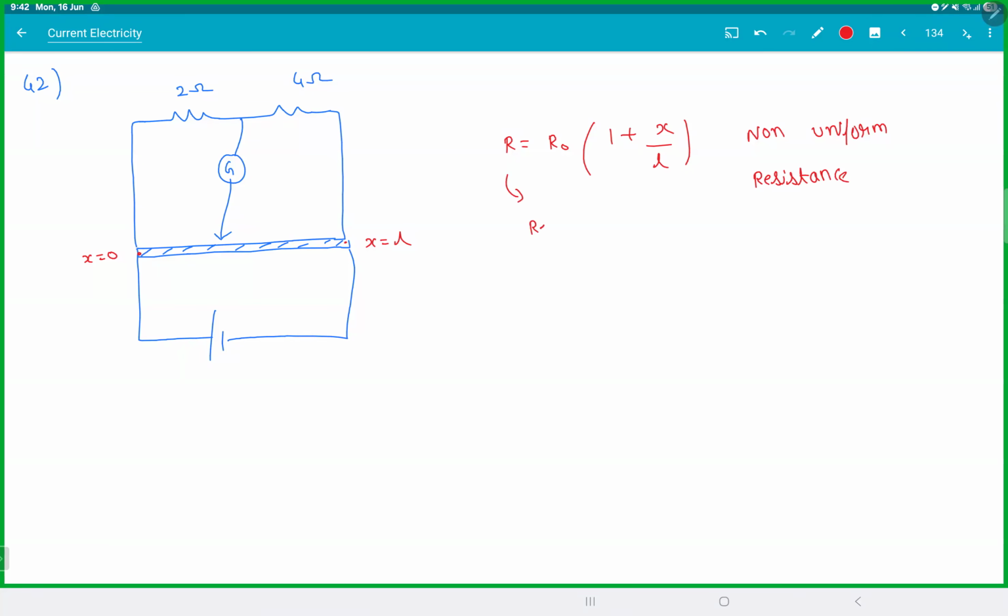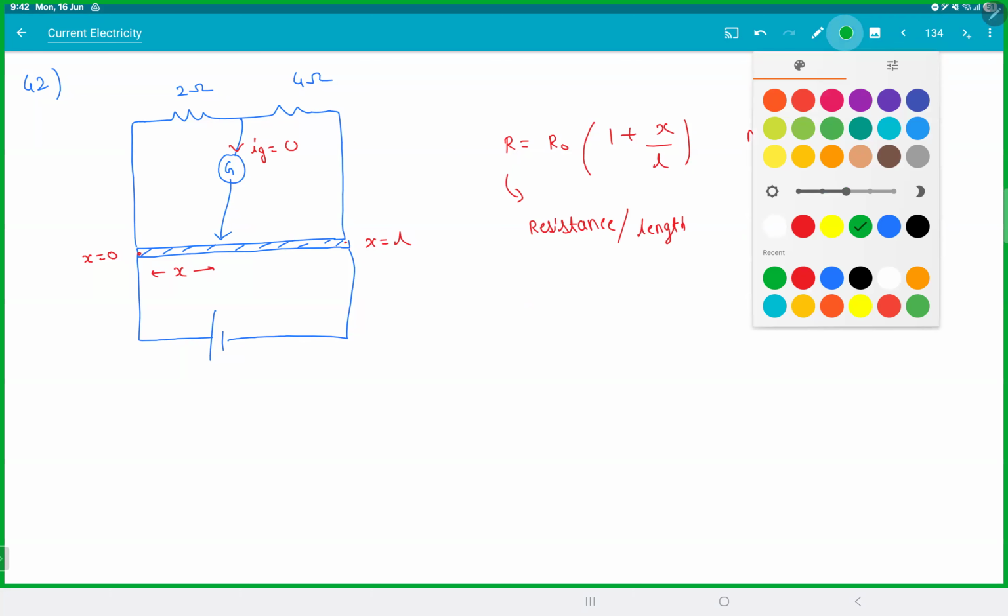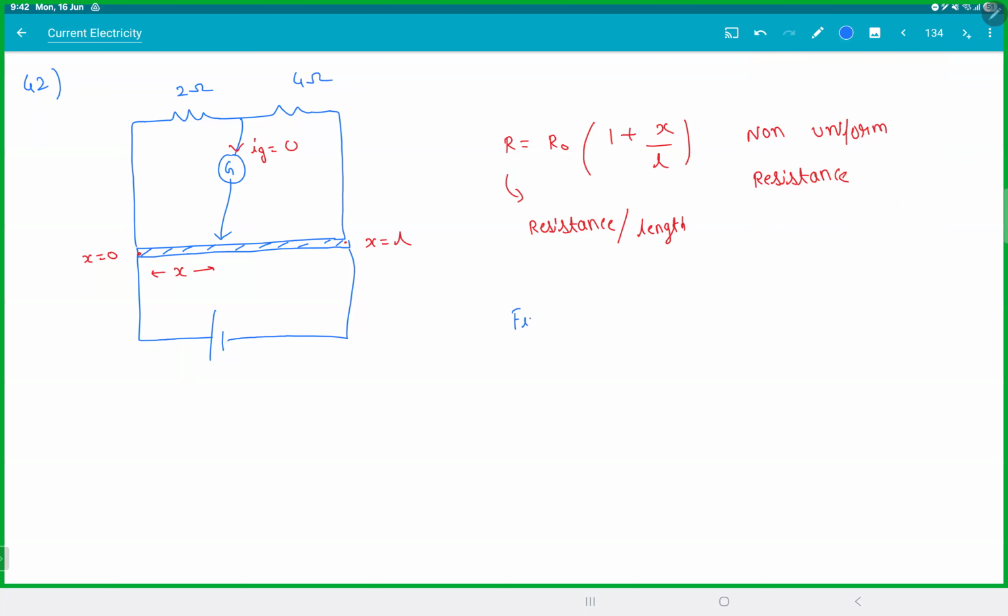R naught is resistance per unit length. And let this distance be X. Find X if the bridge is balanced, meaning when Ig is 0.